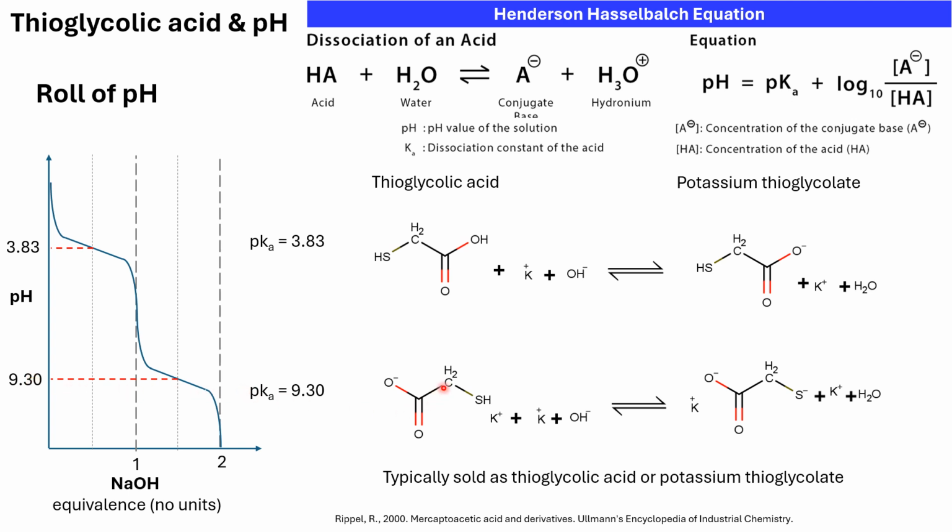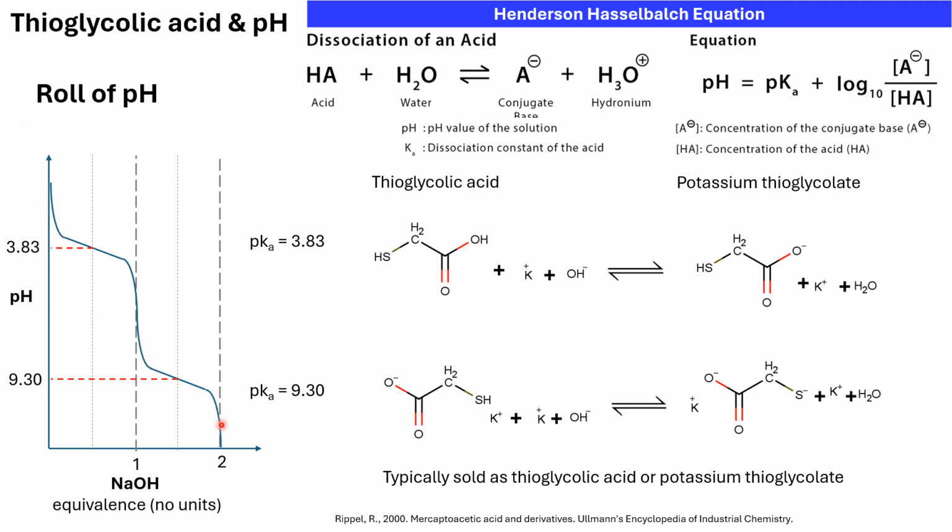So what we're seeing is our first ionization ionizes the carboxylic acid group, so we get it ionized, and we have potassium, so you've got potassium thioglycolate, and then you actually get an additional ionization of the sulfur hydrogen grouping, so you actually get that changing to form a sulfide minus ion. So that's actually doubly ionized now, so that's taken a lot of sodium hydroxide to get it to that point.